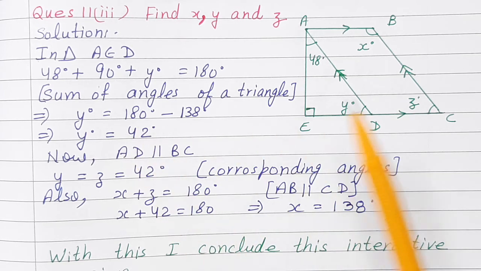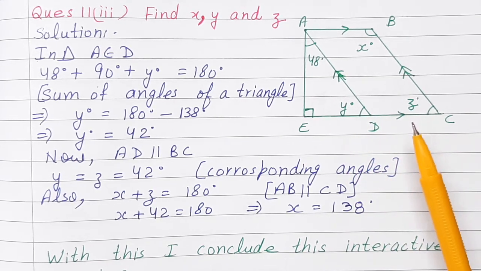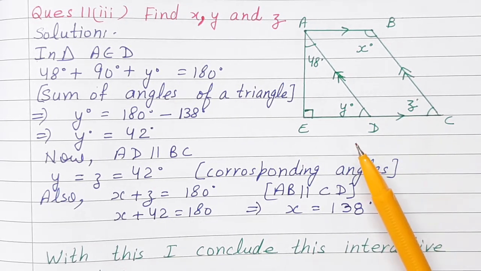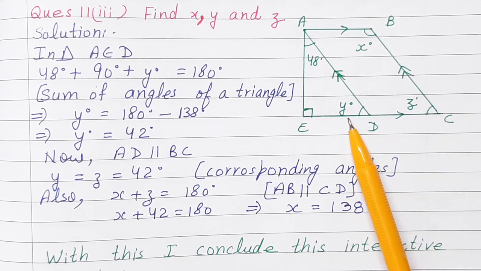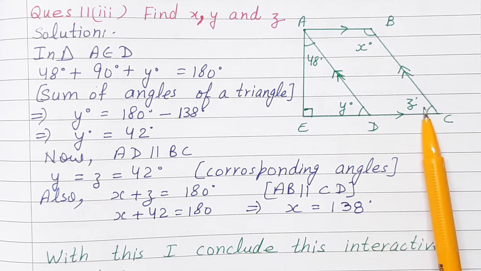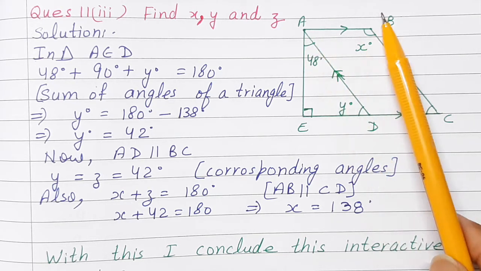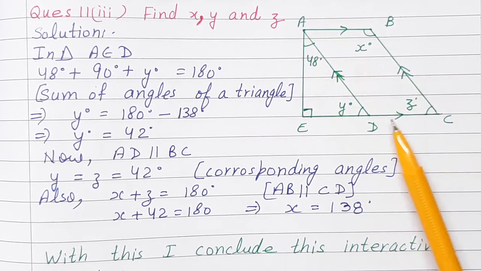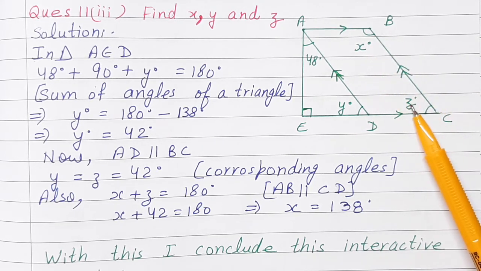Clear? Now children, y and z, these two angles are equal. Why are these two equal? Because these two are corresponding angles, right? So z is also 42 degrees. Now since ABCD is a parallelogram, the sum of adjacent angles is 180.